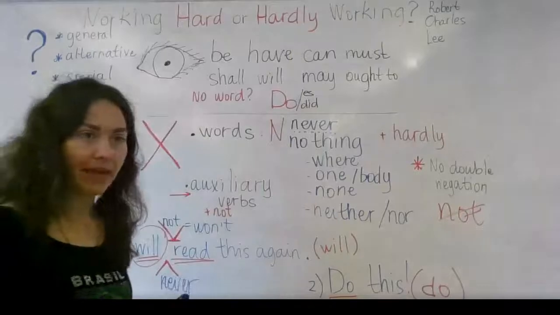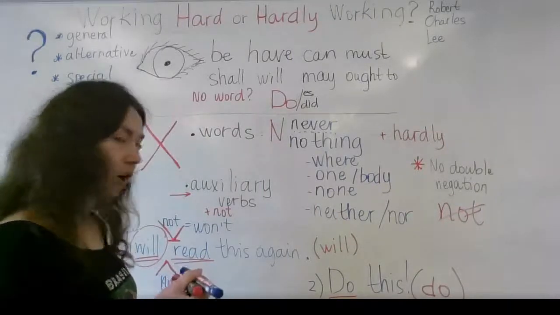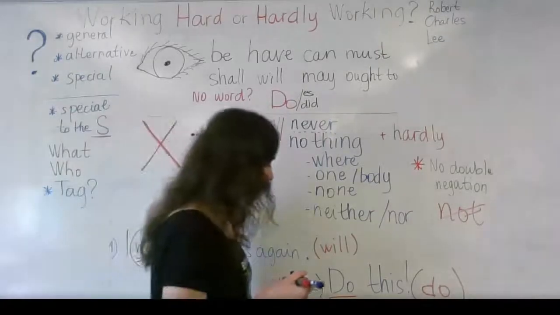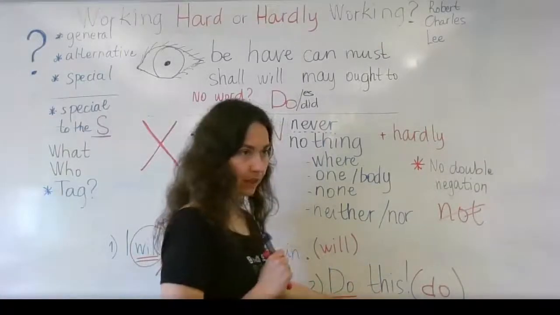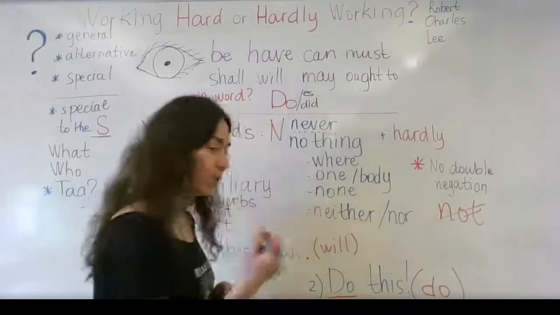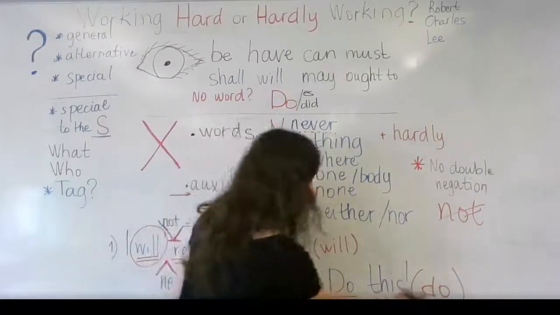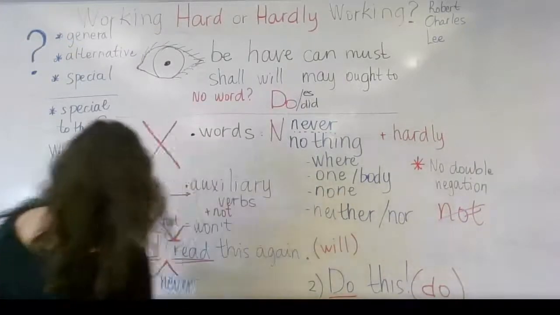How do we make a negation here? We add not. Should I say only do not this? Don't do this. So we have to repeat this verb twice. So in the first case, I'll delete that.